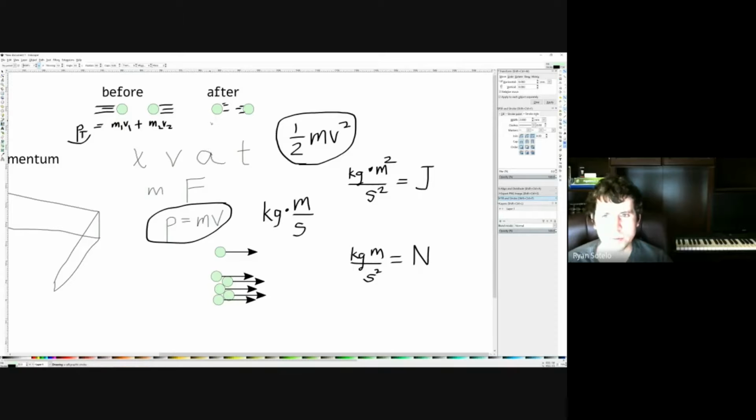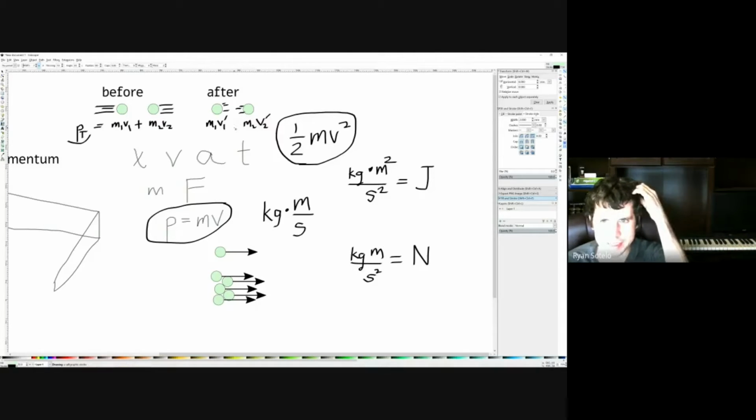You will still have mass 1, but now you're going to have a different velocity 1. I'll put a little tick mark by it to show that it's different. And mass 2 will be the same, but its velocity will be different. They're now moving out away from each other rather than towards each other. So I put a little tick mark by the new ones after the collision.